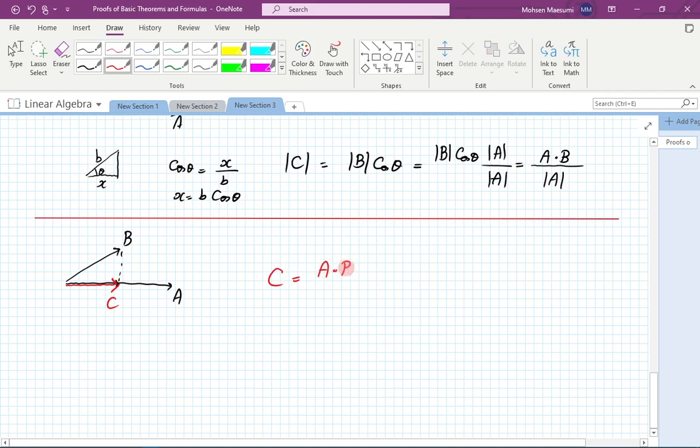A dot B over A dot A times A. So the screen vector, the vector that acts like our screen, shows up 4 times, twice in the numerator, twice in the denominator. The object vector B shows up just once in the numerator. If you wish, you can rewrite it like this. The denominator is the length of A squared.